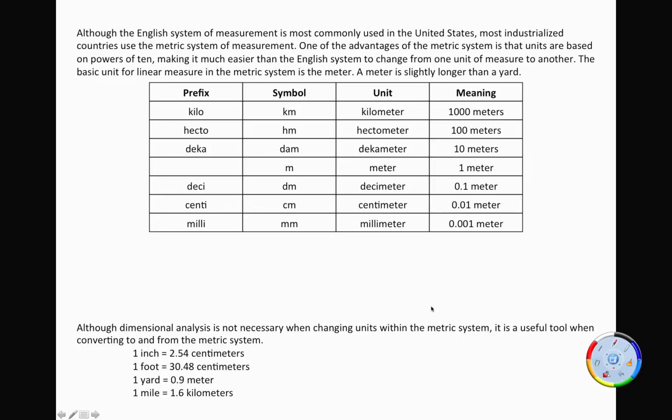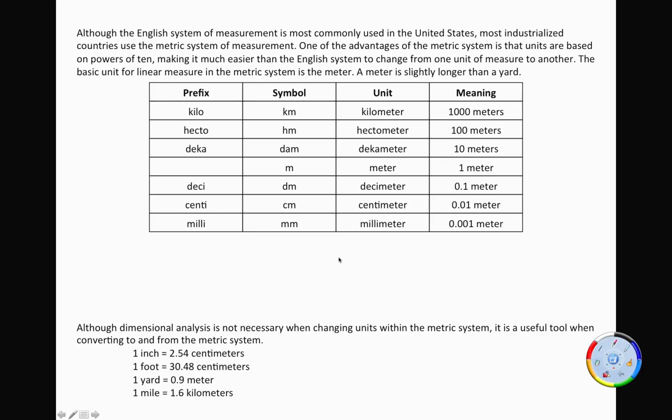Although the English system of measurement is most commonly used in the United States, most industrialized countries use the metric system of measurement. As a matter of fact, the only countries that do not are the United States, Burma, which is now Myanmar, and Liberia. So it's kind of a huge issue.